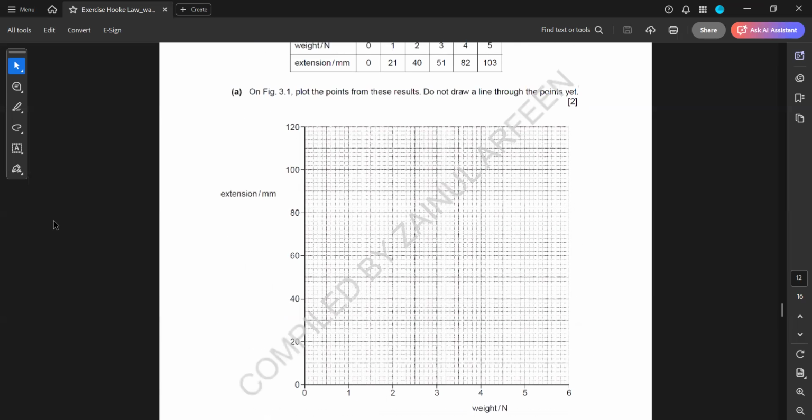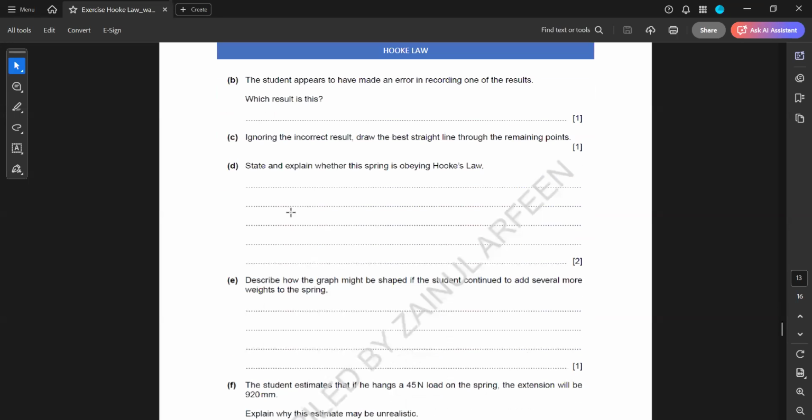So if the original graph was like this, I've only written that the spring would curve. Yeah, that's fine. It will bend or it will become non-linear. But on the graph, they ask us to describe. So in a description, we will mention the graph will become non-linear or curve or bend. That's all we will say.